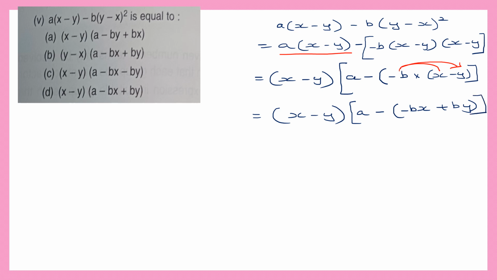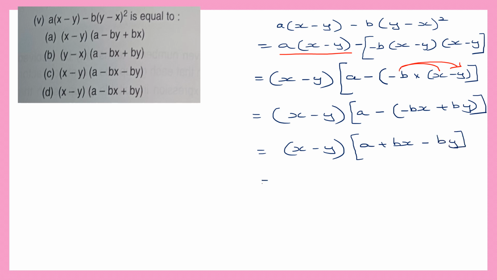Okay, so now let's open those brackets. So I have x minus y and here I have a. Before I open, let me see the sign here. The sign is minus. That means these signs will change because minus into minus is plus, minus into plus is minus. So here it will become plus bx minus by.